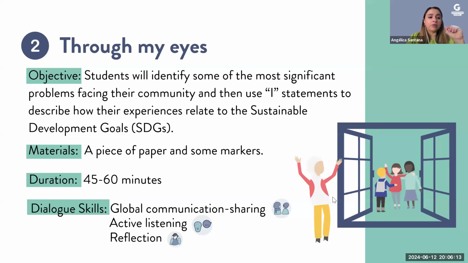They are going to practice using I statements, which is very important when you talk about using dialogue. You have to teach your students to talk from the I perspective: I think, I believe, I have seen. In that sense, they're not speaking on behalf of the community, but about their own testimonials, observations, ideas and even their own experiences.